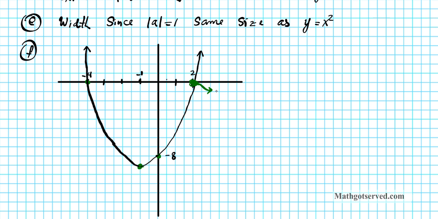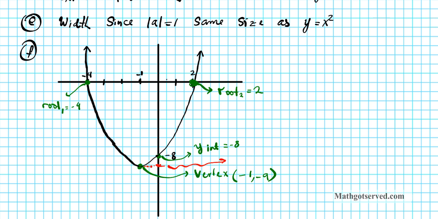All right, so this one right here, we're going to call it the first root, R1. Actually, root 2, which is 2. And then this point right here is going to be the first root, root 1, which is -4. This is our y-intercept, which is -8. This is our vertex, which is -1, -9. And if we trace our vertex to the y-axis, that value right there is your minimum.